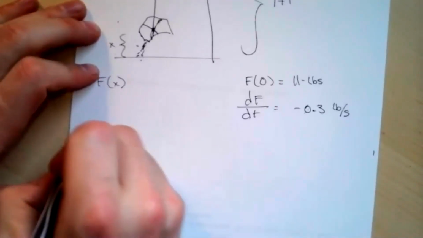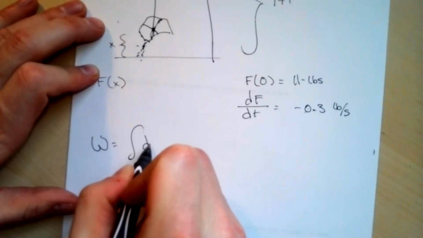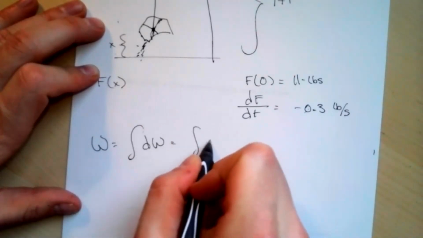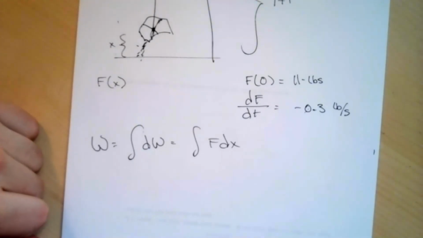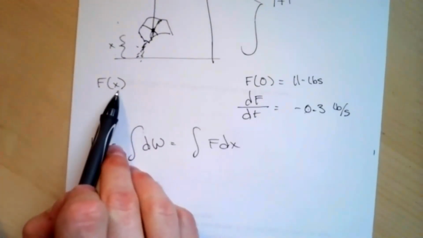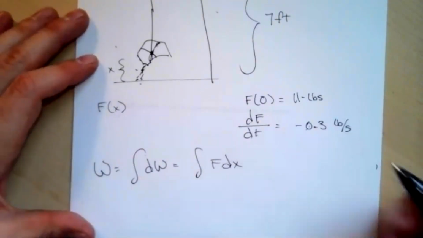Remember that work is force times distance. So we need force as a function of x. That's our first task in this part. And then it says, suppose it takes 10 seconds to lift the bag 7 feet off the ground.